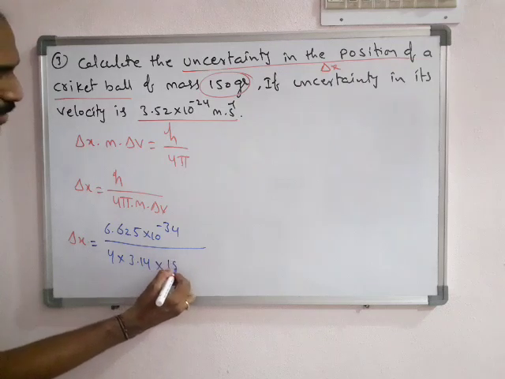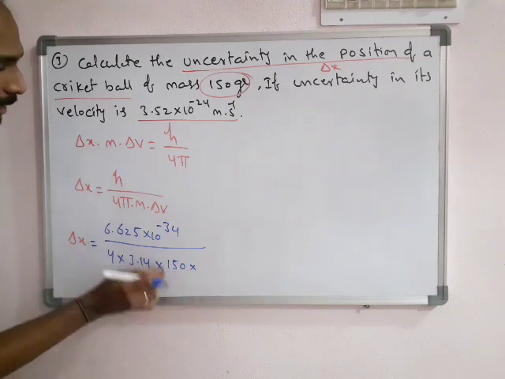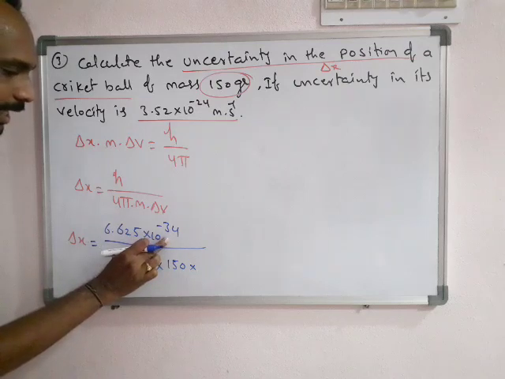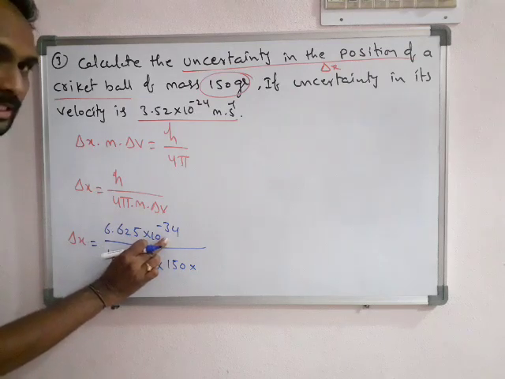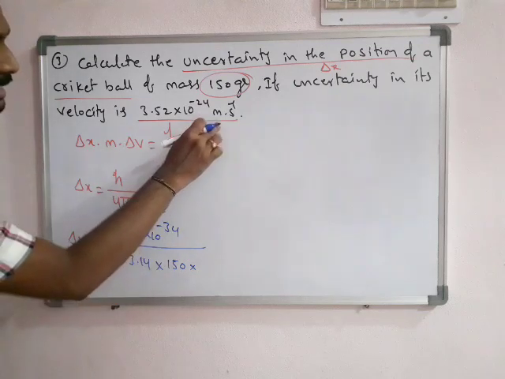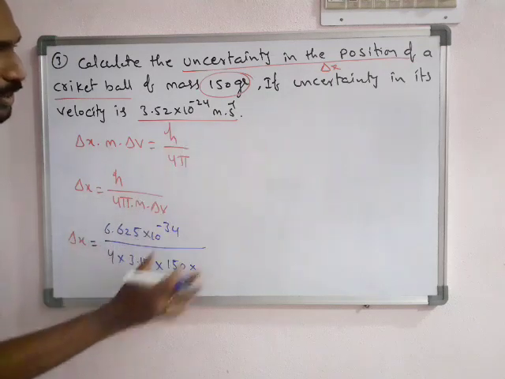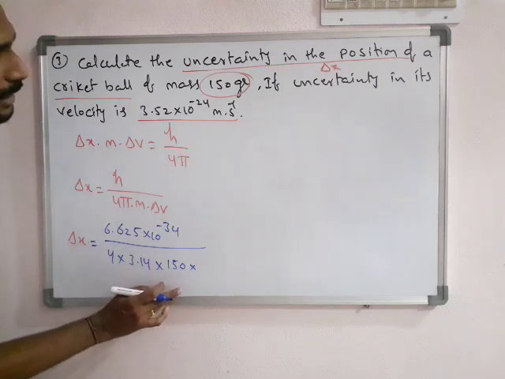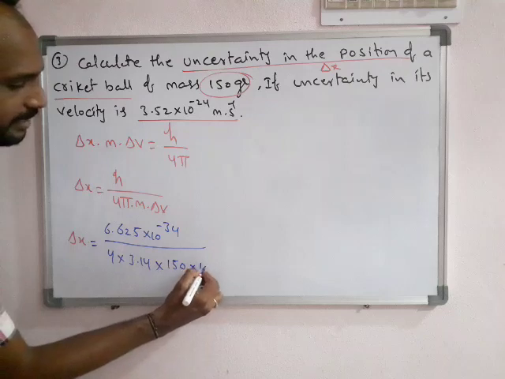What is the mass? 150 grams. But we took Planck's constant in joule into second, and here it is given in meters per second. So we need to follow the SI method, so we need to convert the mass into kgs.